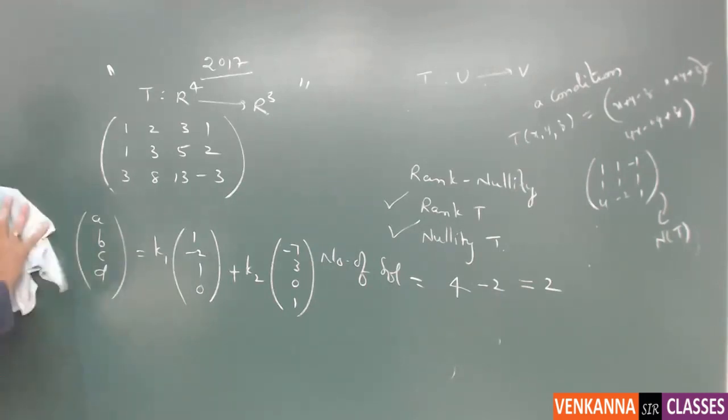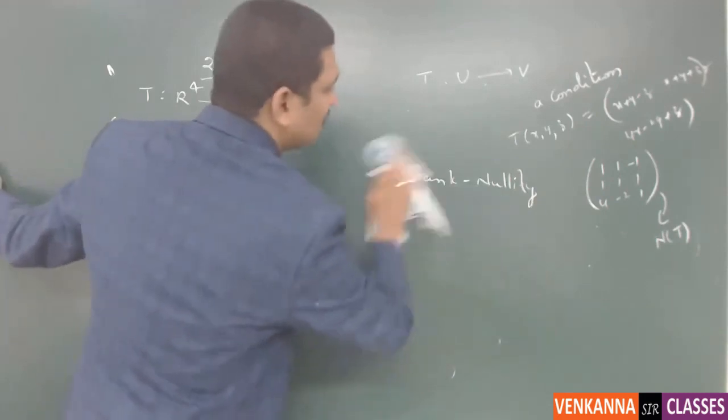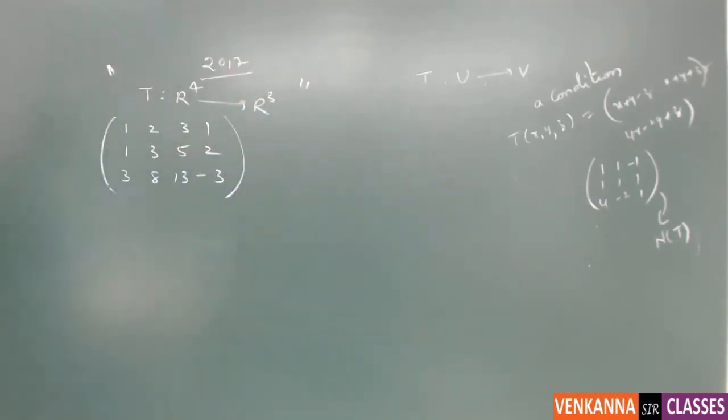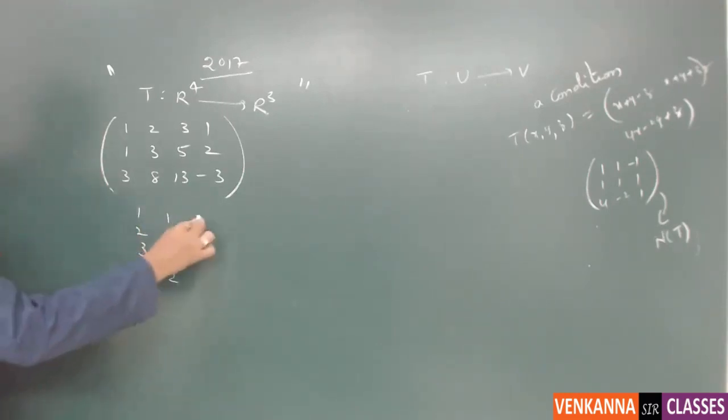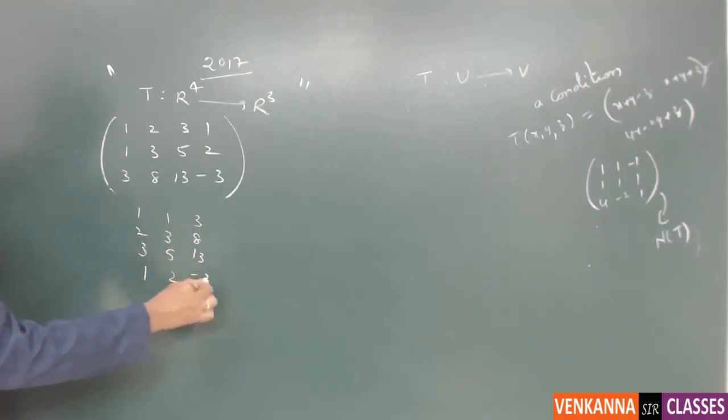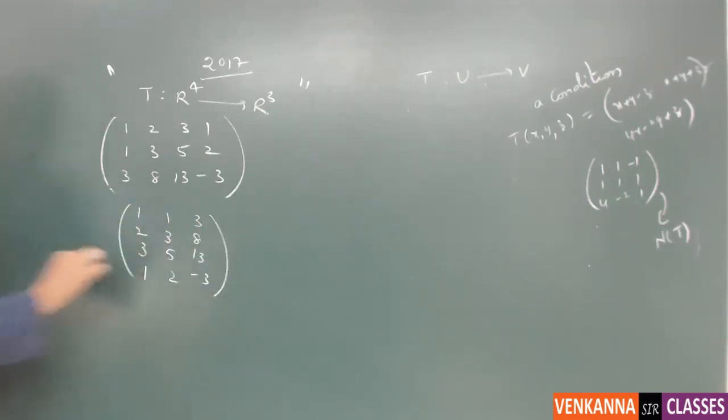Right. So for the calculation of the rank of the transformation, we simply take the transpose of this one. Why are we taking the transpose? Because the transpose matrix will give the images, the images of T that you can call upon.